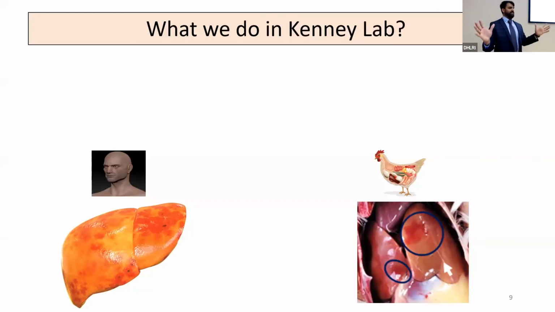So from all this, now I want to tell you what we do in Kenney Lab. Up to now, I didn't say a single word about chicken, and now you will see why I have a chicken picture there and a human picture here with the liver. As the name suggests, hepatitis means swelling or inflammation of the liver, so there should be a liver pathology.